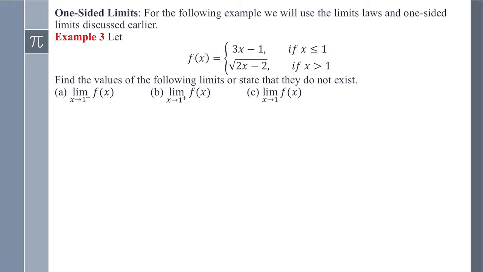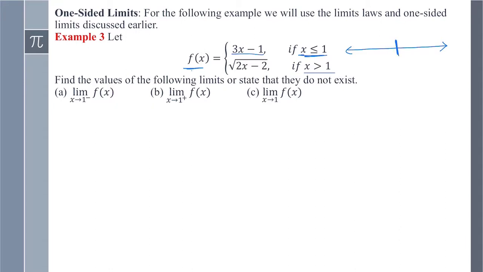Piecewise defined function. So when you look over here, this function f of x equals 3x minus 1 if x is less than or equal to 1, and f of x equals square root of 2x minus 2 if x is greater than 1. So when we look at the domain of this function, domain means the x values, and this is divided into two intervals.